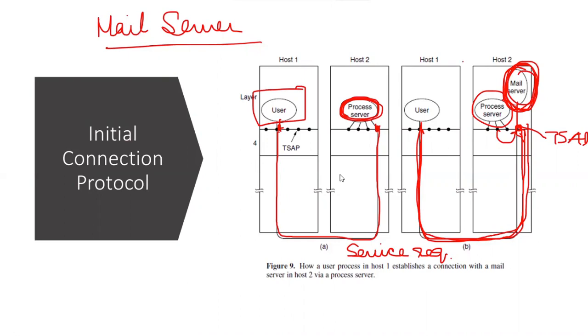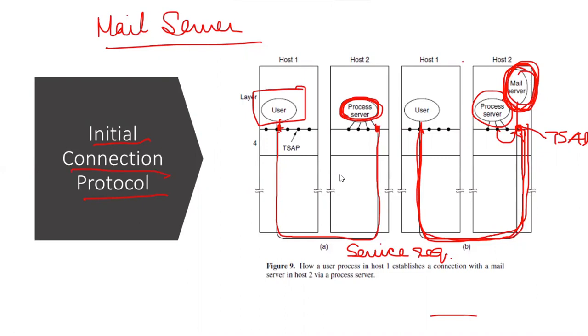This is known as an initial connection protocol. You can try to find out the difference between the port mapper and the initial connection protocol, which establishes a connection by using a process server. So that is about the addressing.